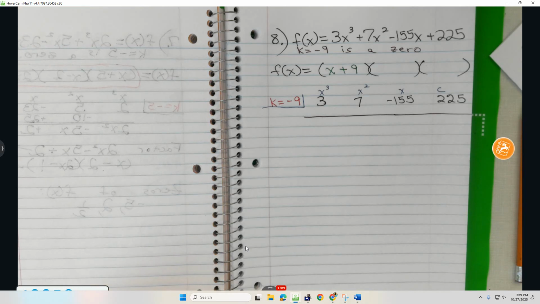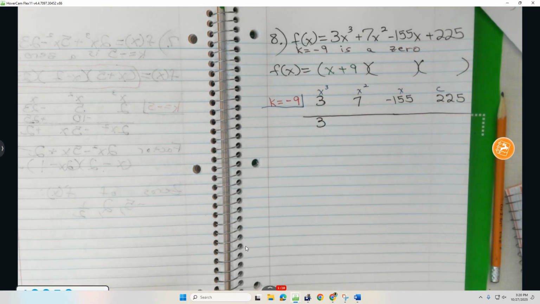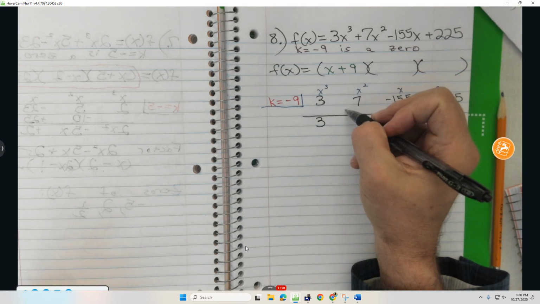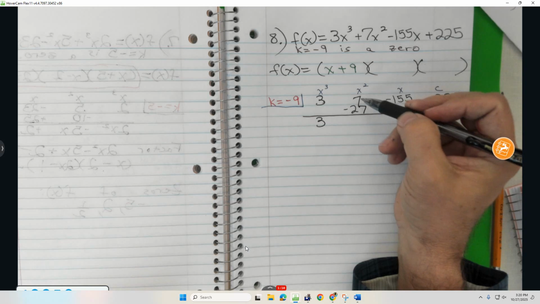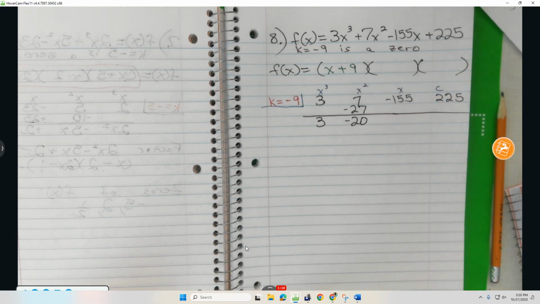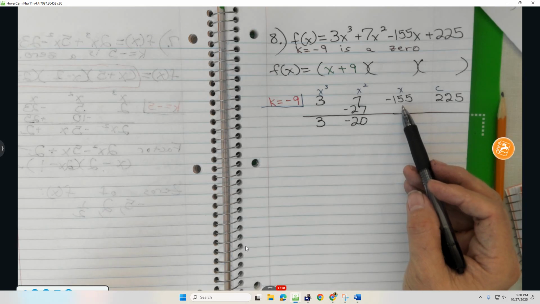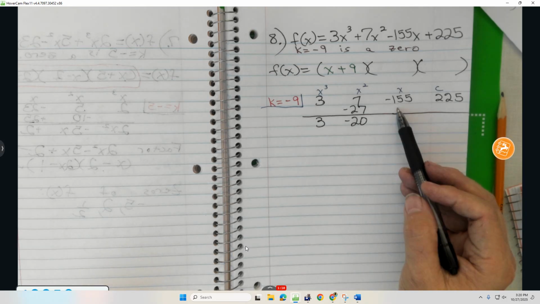And what do I do to get started? Bring down the 3. Negative 9 times 3 gives me a negative 27. So 7 minus 27 gives me a negative 20. What am I going to put underneath that negative 155? Plus 180.